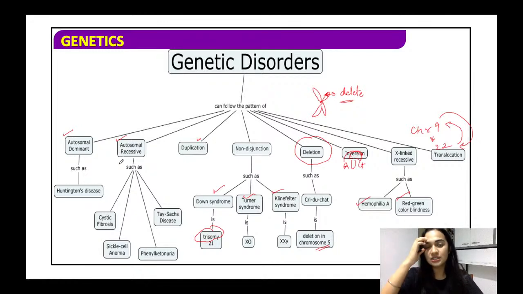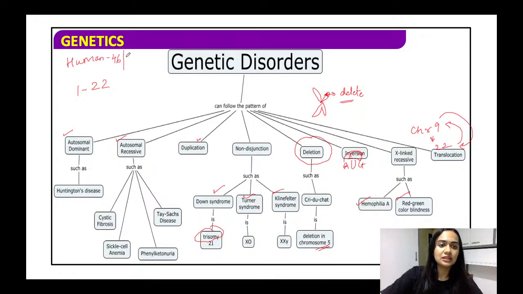But just to clear the basics, so what is an autosomal disorder? Autosomes are basically the chromosomes 1 to 22. Alright, so in the case of human, we have 46 chromosomes or 23 pairs. Out of that, chromosome 1 to 22 are autosomes. What do I mean by autosomes?